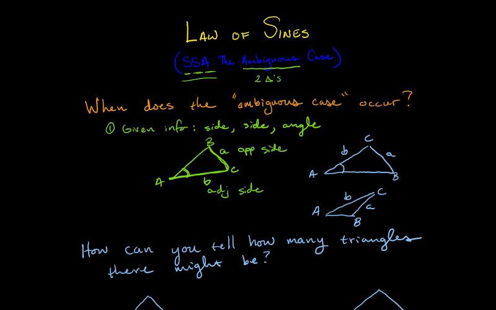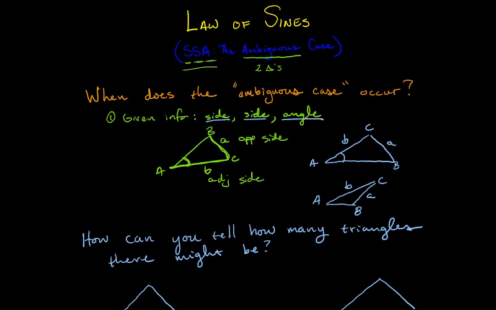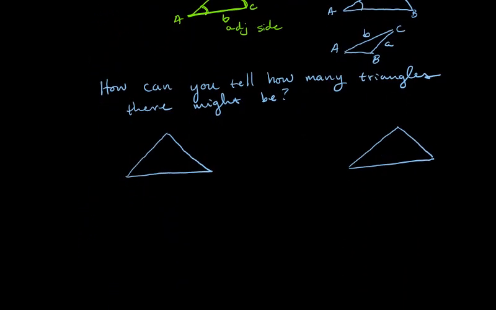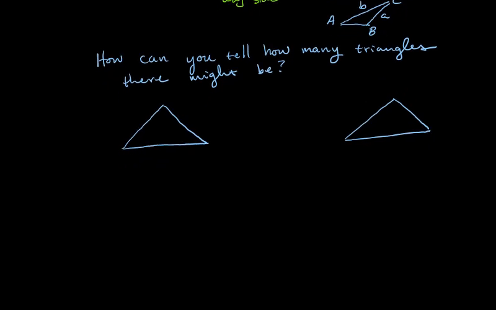So first thing, it's going to be created when you're given side, side, angle, and then there's a couple things that you can help memorize or learn so that you know what scenario might happen. So we're going to start with the scenario where you are given an obtuse angle. Okay, so let's say that this is an obtuse angle and you know angle A. And then the opposite sides that you're given, and I'm just going to say these drawings are not drawn to scale.